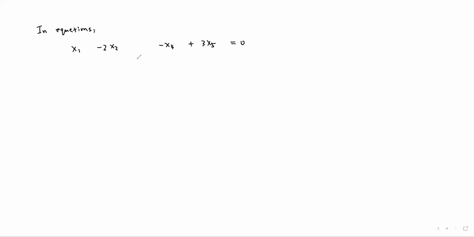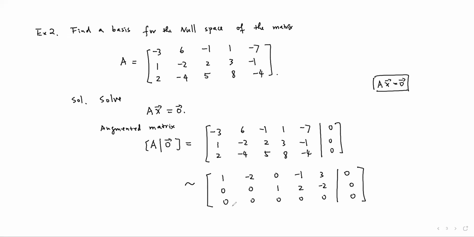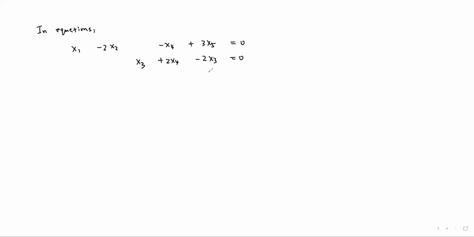And the second row is this equation: 2x3 is 0. The last equation, the last row, is the equation 0 is equal to 0.